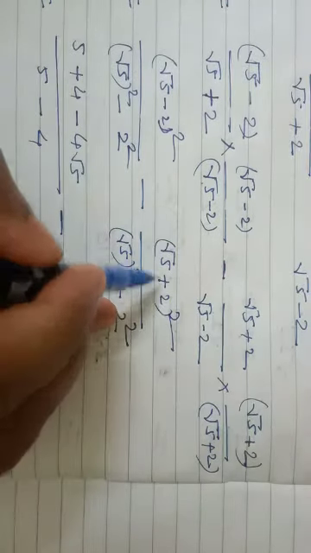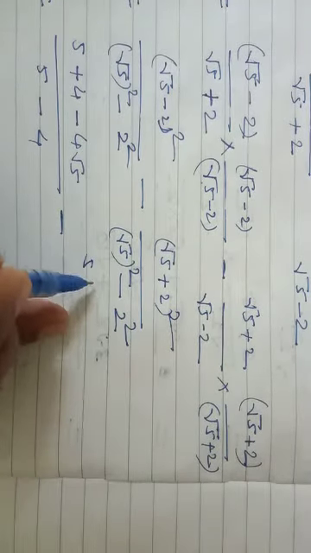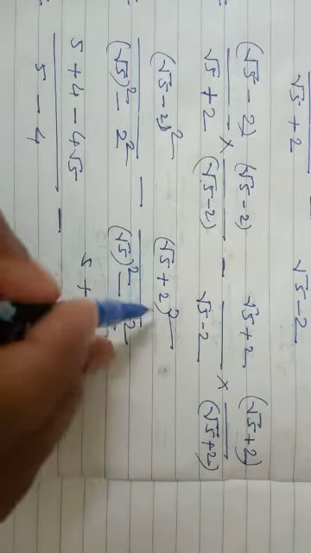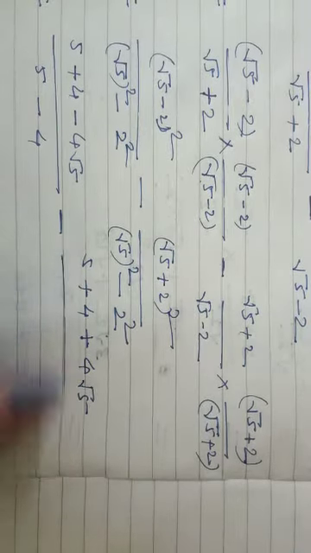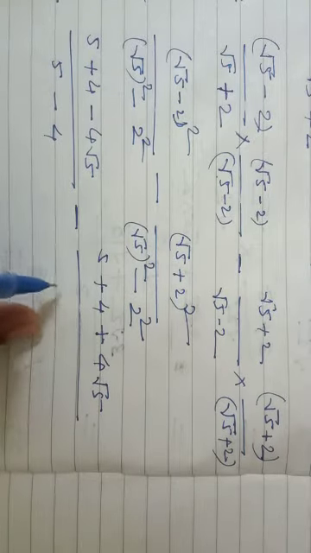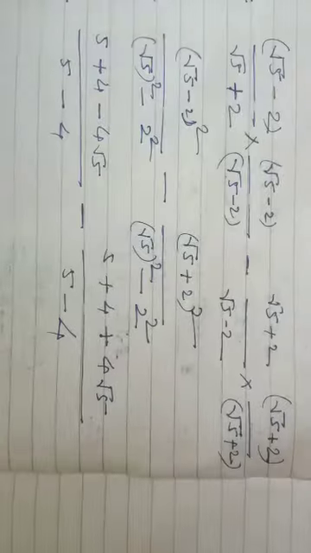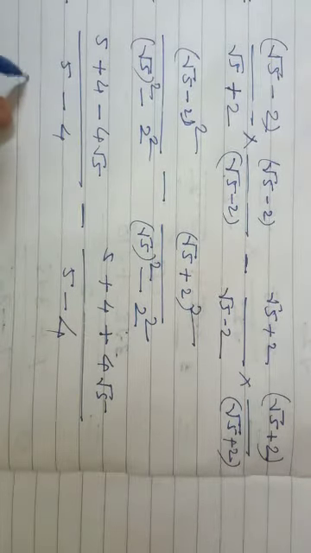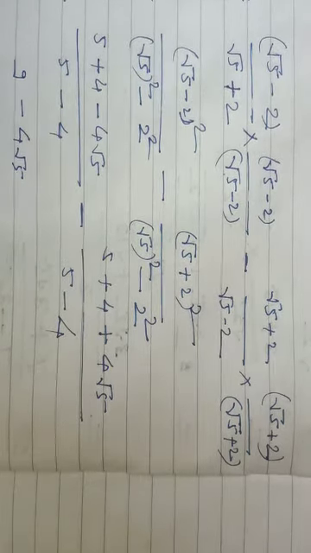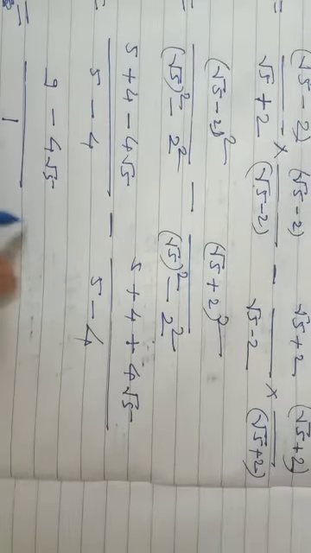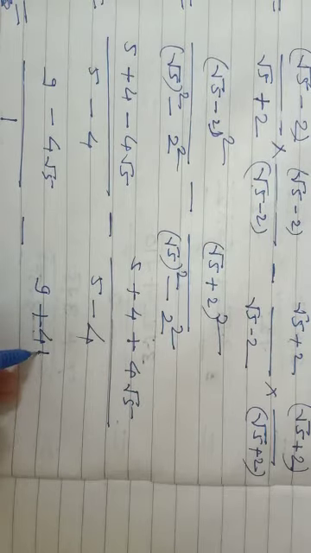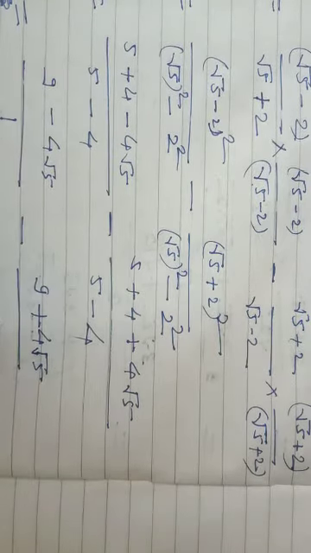Minus a plus b whole square, it means a square 5, b square 4, plus 2ab, 4 root 5, upon 5 minus 4. Now 5 plus 4 is 9 minus 4 root 5 upon 1, and 9 plus 4 root 5 upon 1.